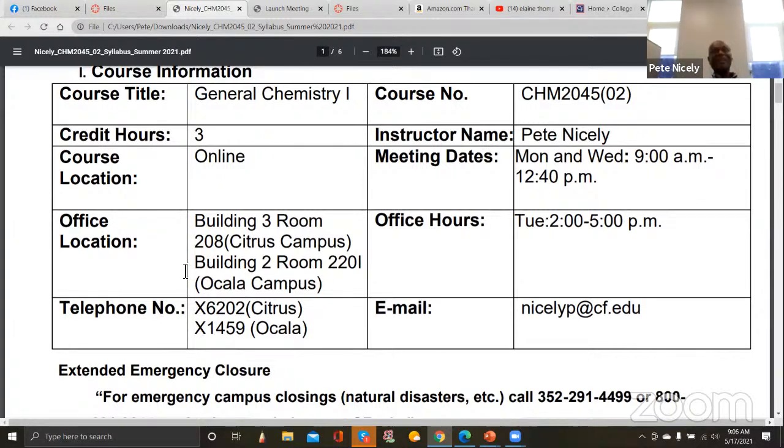At the Ocala campus, I'll be located in building 2, room 220I. Now, apart from Monday and Wednesdays, when you can find me on the Ocala campus, I pretty much will be off campus for the rest of the week during the summer period. Just to let you know.